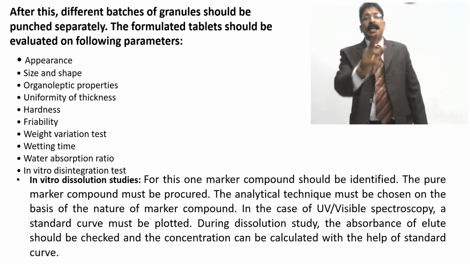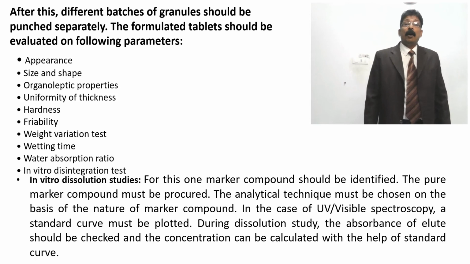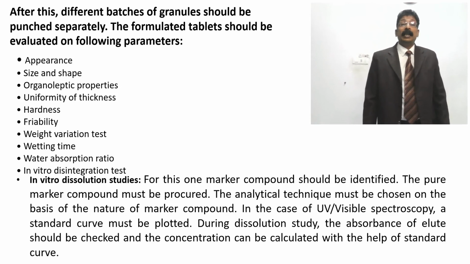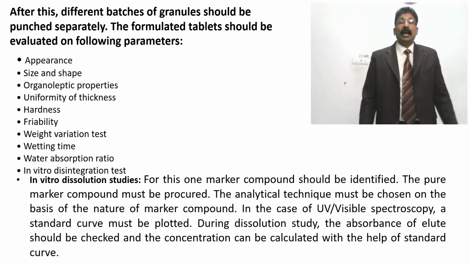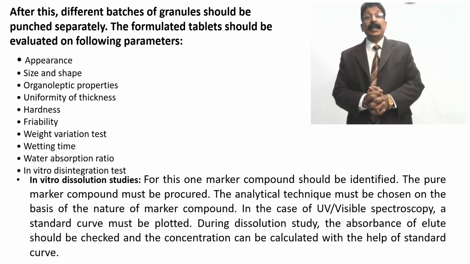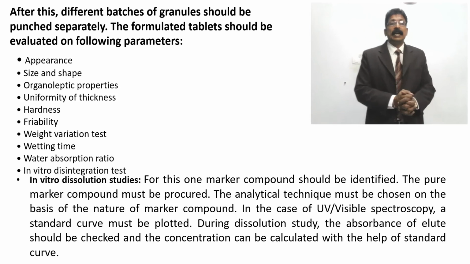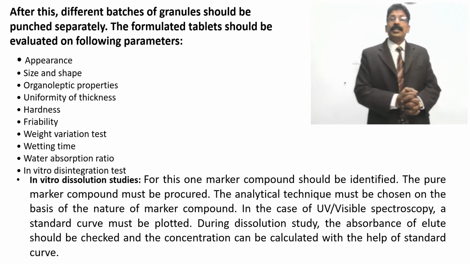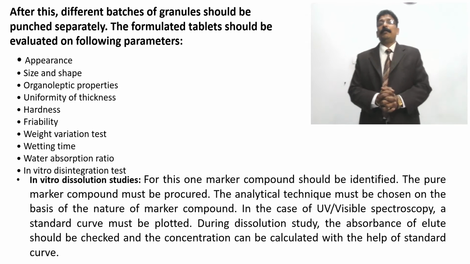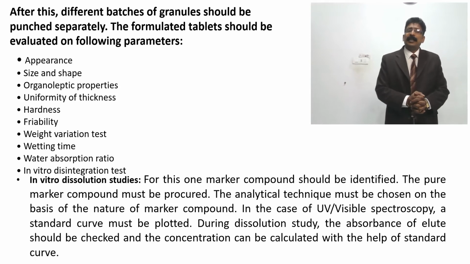So standardization first covers the appearance, size and shape, organoleptic properties, and uniformity of thickness and hardness, friability, weight variation, wetting time, water absorption ratio, in vitro disintegration test, and in vitro dissolution studies, which have to be mentioned very clearly. You have studied all these things, and you should mention everything very clearly.